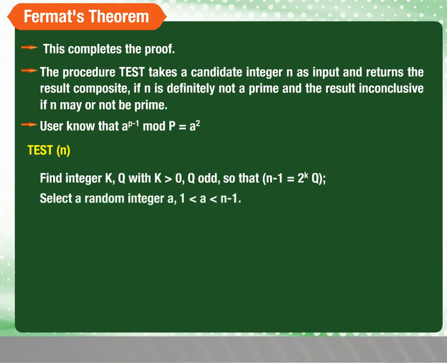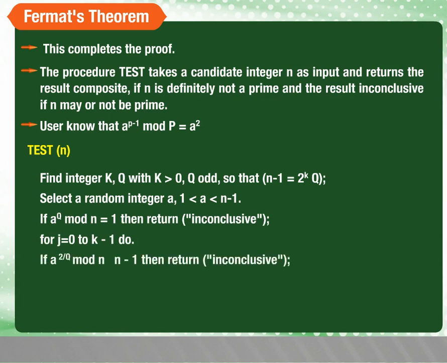Select a random integer a, 1 less than a less than n minus 1. If a power q mod n is equal to 1, then return inconclusive. For j equal to 0 to k minus 1, do: if a power 2 power j into q mod n is congruent to n minus 1, then return inconclusive. Return composite.